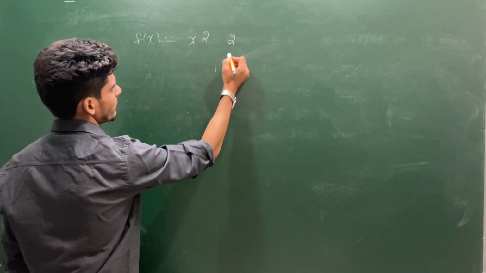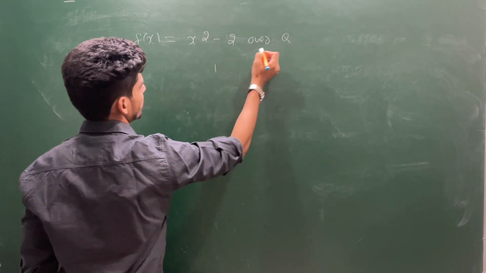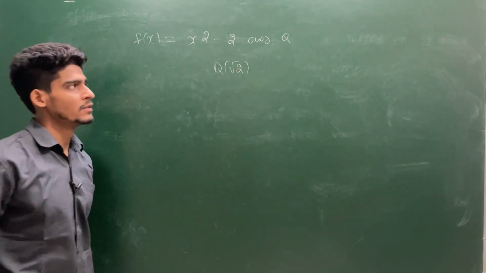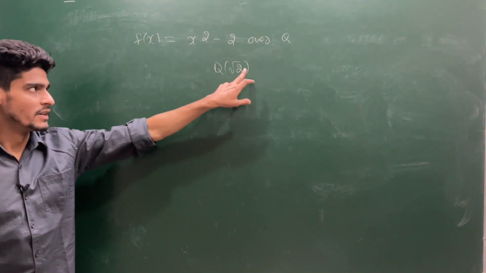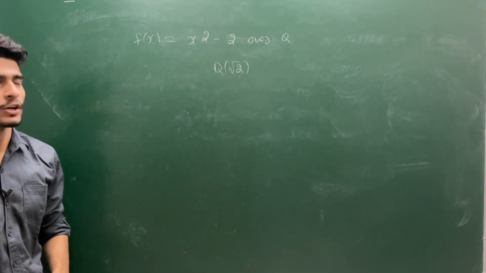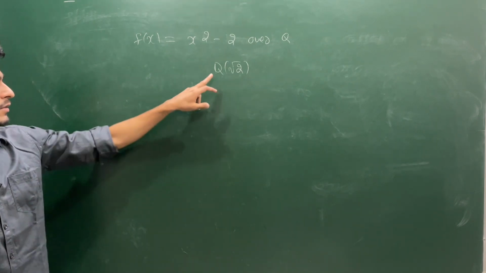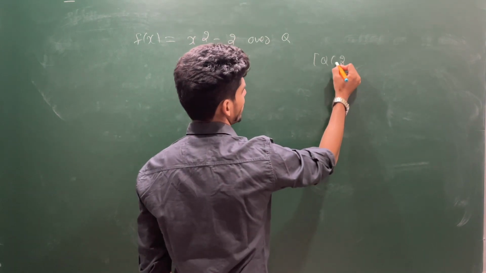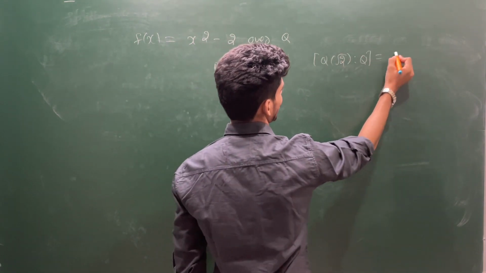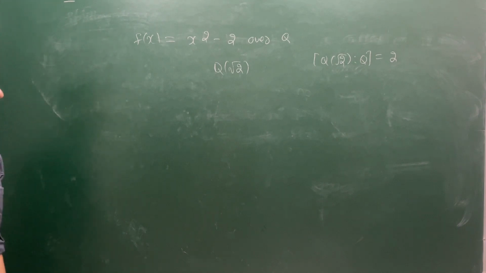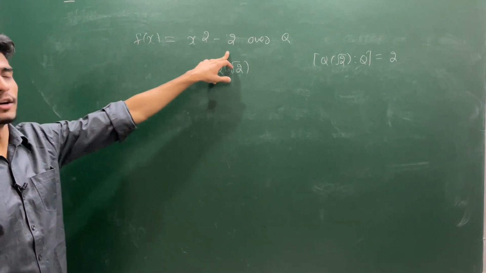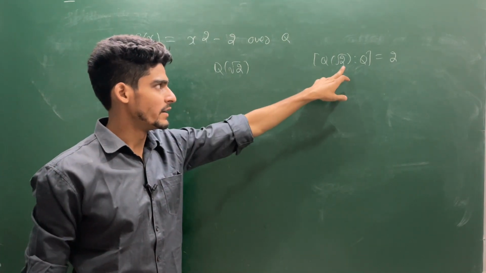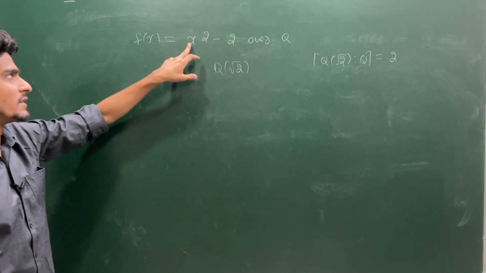Clearly I can say over Q, Q adjoin square root of 2 is a splitting field for this x square minus 2 polynomial. What is the degree of this extension? You can see Q adjoin root 2 over Q forms a vector space of 2 dimension, and the degree of this polynomial is 2.